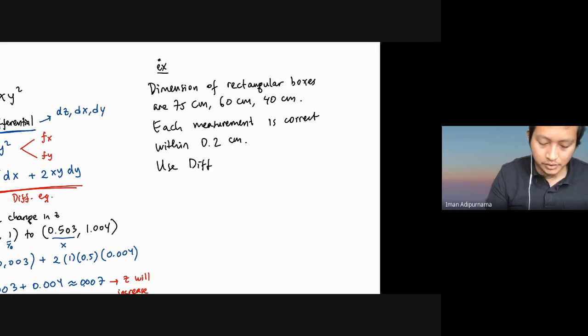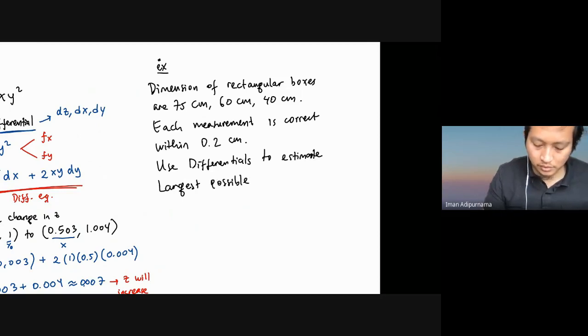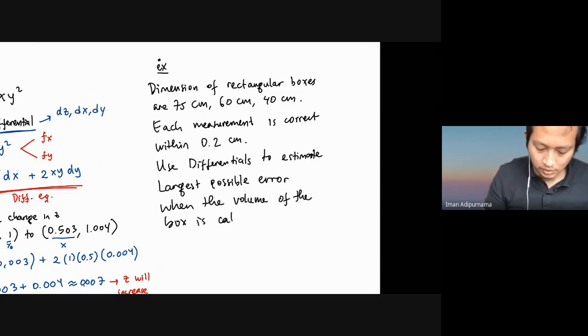Use differentials to estimate the largest possible error when the volume of the box is calculated.